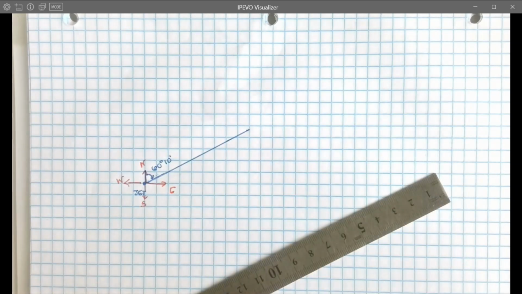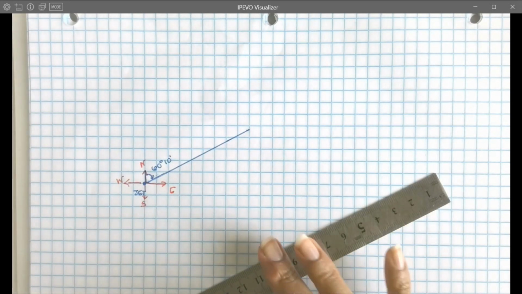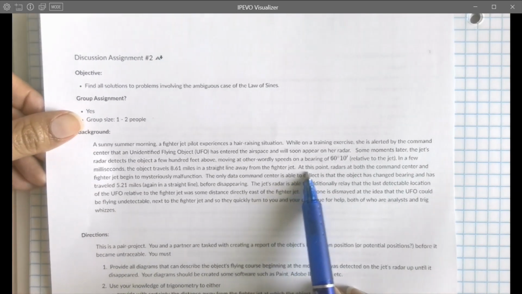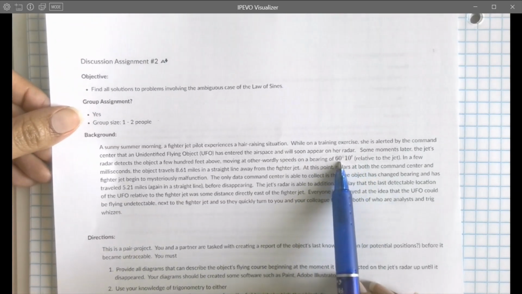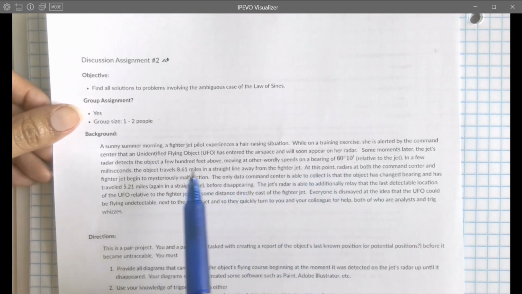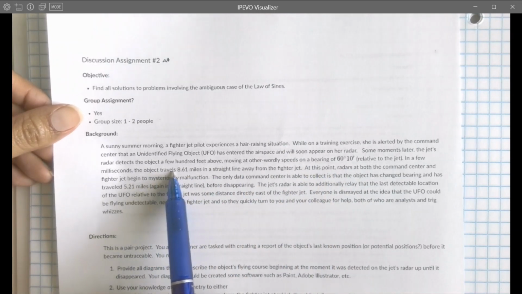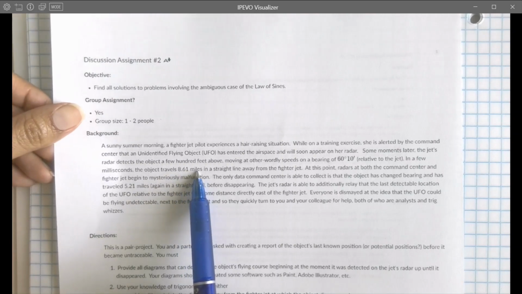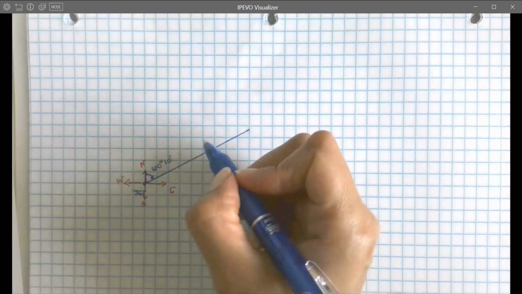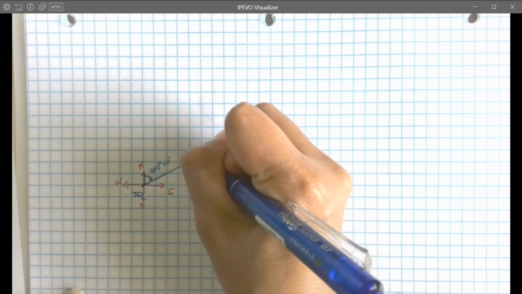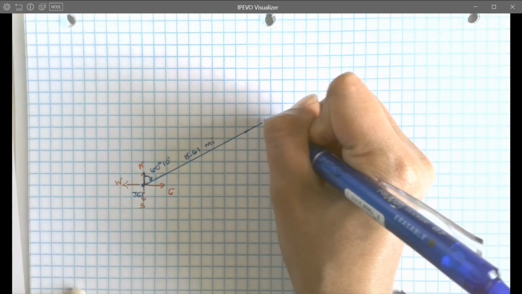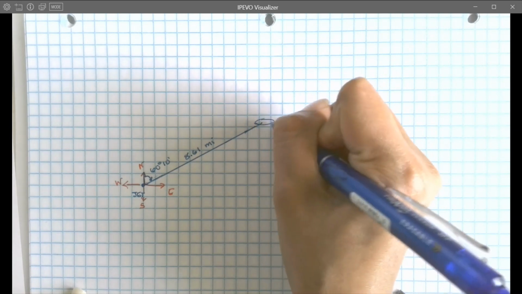Now what else do they tell us? Well, by the way, they also tell us how far it traveled. It traveled for 8.61 miles in a straight line. So this distance is 8.61 miles to the location of the UFO.